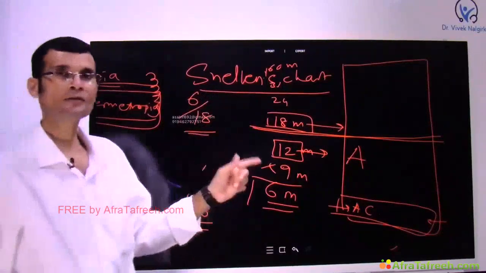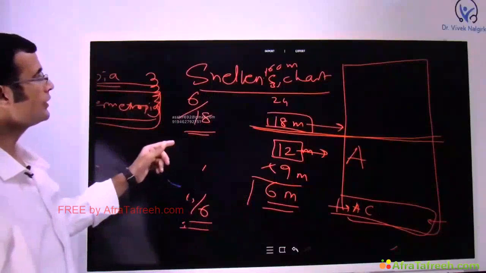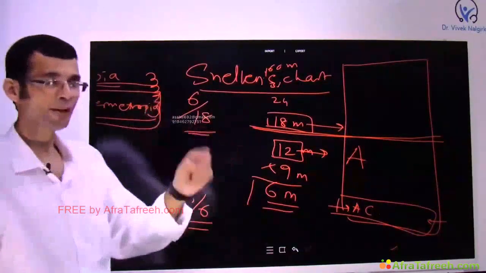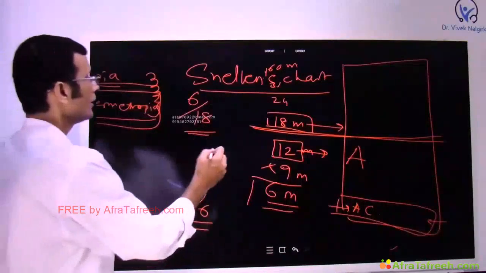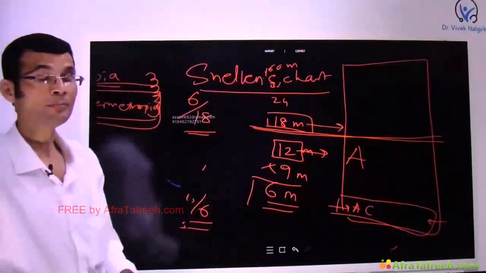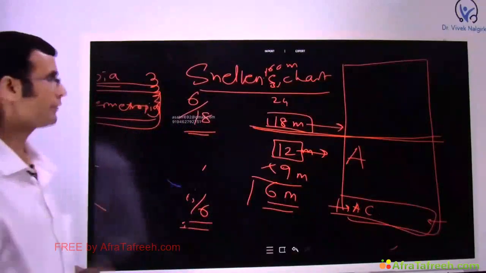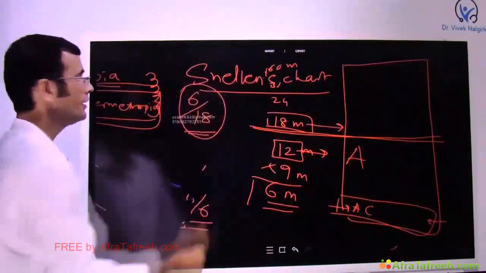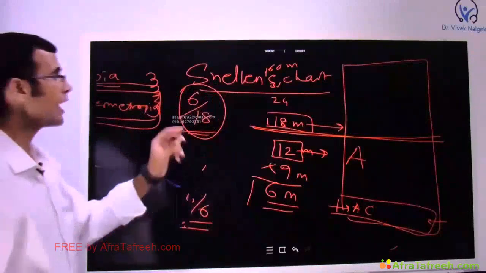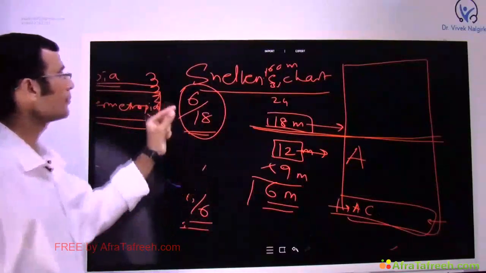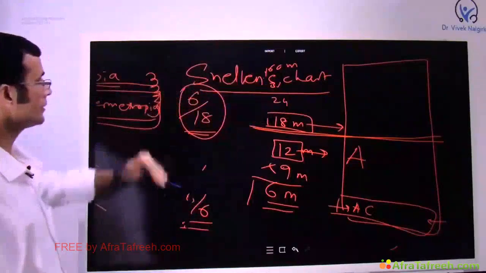What is the meaning of this? The meaning of this is, this person's minimum visual angle has become reciprocal of the Snellen's notation. If this person's vision is 6 by 18, that means now his minimum visual angle is reciprocal of 6 upon 18.